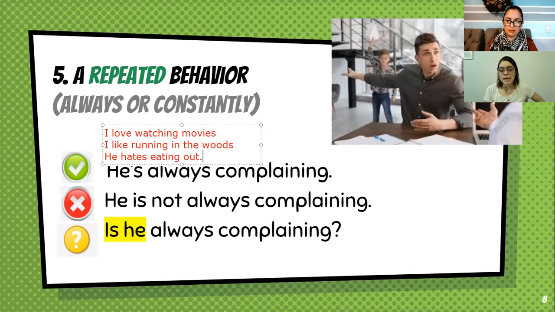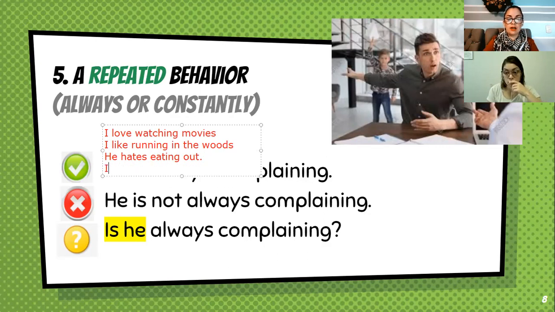¿Me explico? Si tú quisieras decir no le gusta, usas el do, por ejemplo, I don't like running in the woods. ¿Sería con do o sería con verb to be? No, tiene que ser con el do porque es una negación. Y si te fijas, vamos a negar todas las demás.